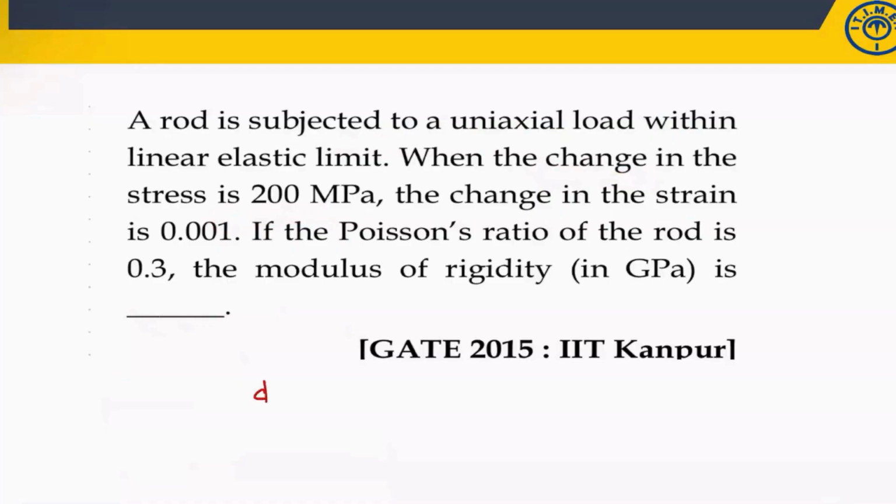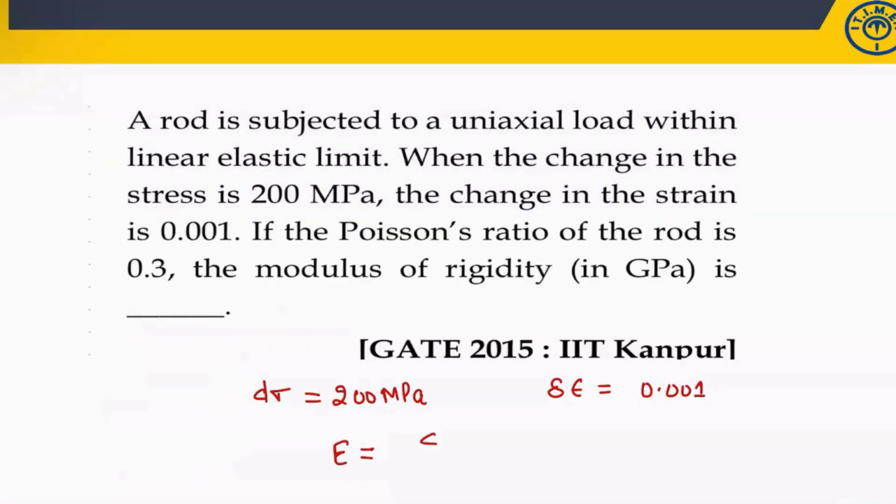So what is the question given? Change in the stress value is 200 megapascal. Change in strain is given as 0.001. Change in strain is given, change in stress is given. Can you calculate the value of Young's modulus?